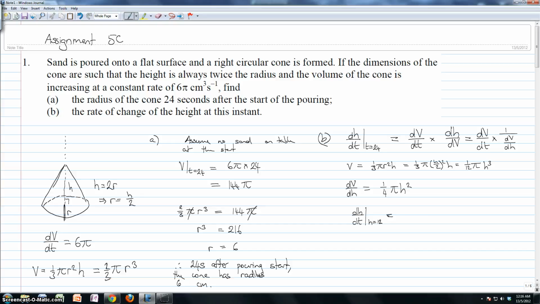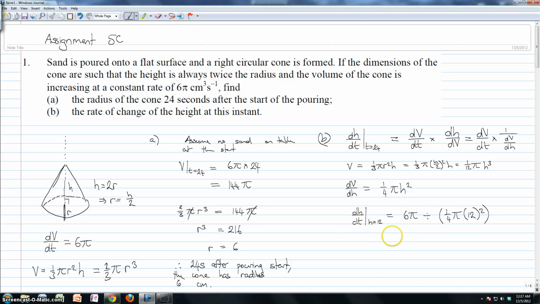So the rate of change of height with respect to time, when the height is 12 cm, is going to be dv by dt, which is 6 pi, divided by dv by dh, which is 1 over 4 pi, and then substitute in h equals 12, so 12 squared.